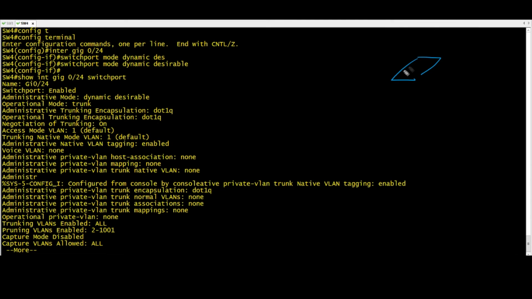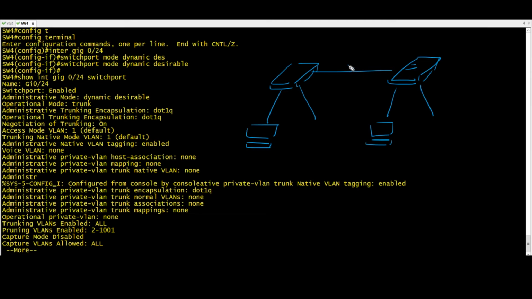So if we have two switches that are connected together and we have a couple of devices that are connected sort of downstream, you would expect here to become a trunk, maybe via DTP or better still, statically setting on both sides.